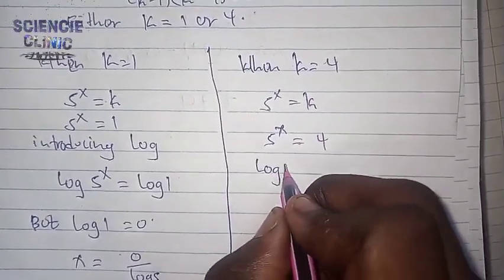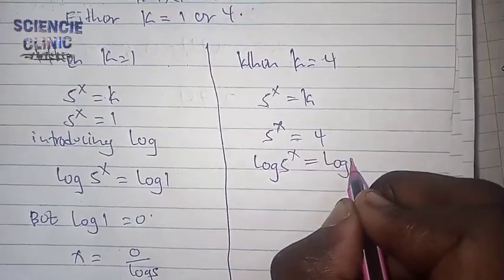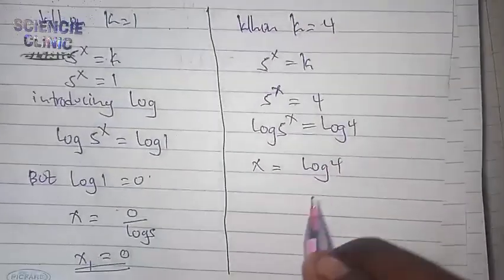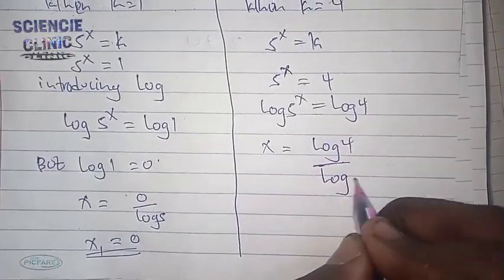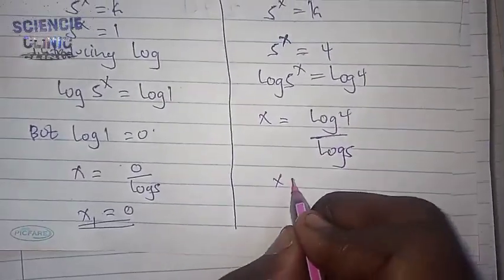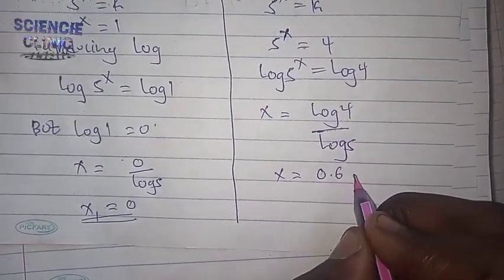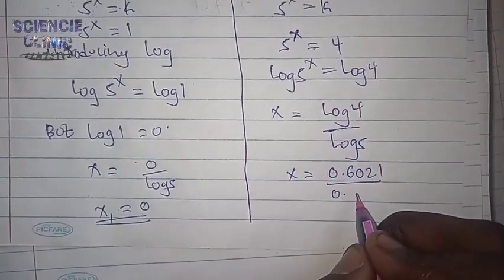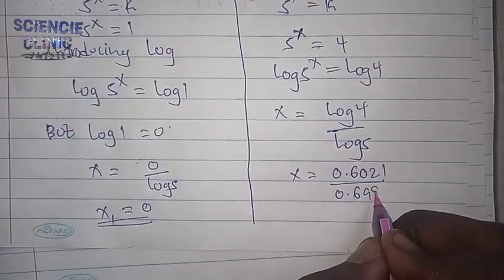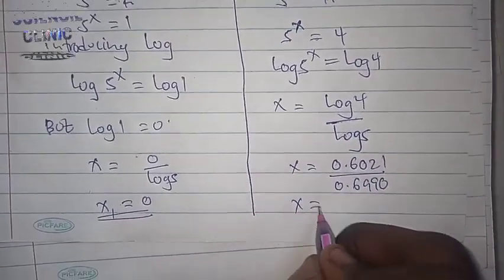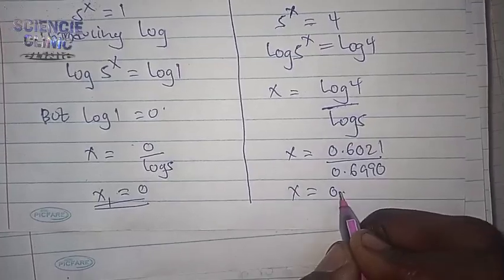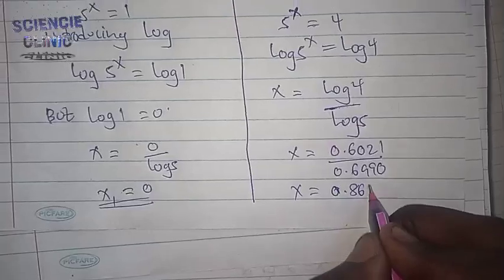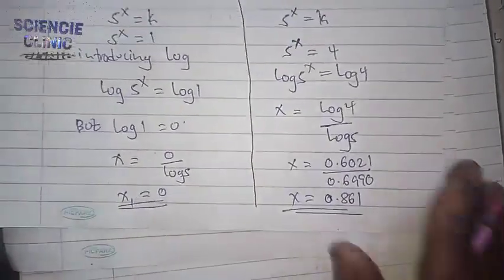If you introduce log, x log 5 equals log 4, x equals log 4 out of log 5, which is 0.6021 out of 0.6990. x will be equivalent to 0.861. Okay, thank you for watching.